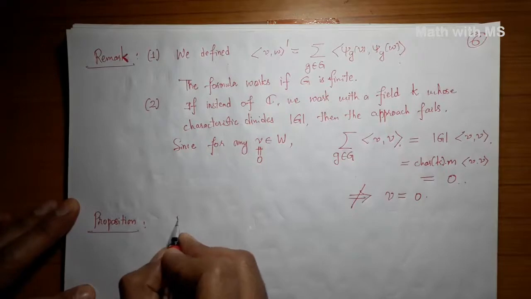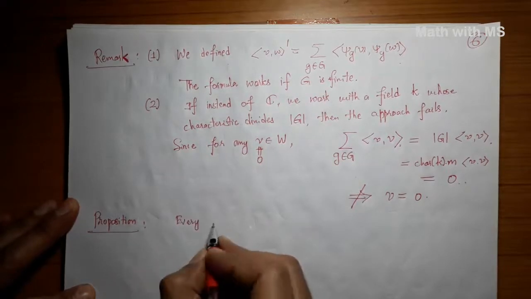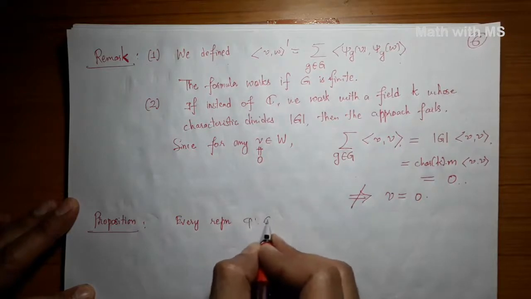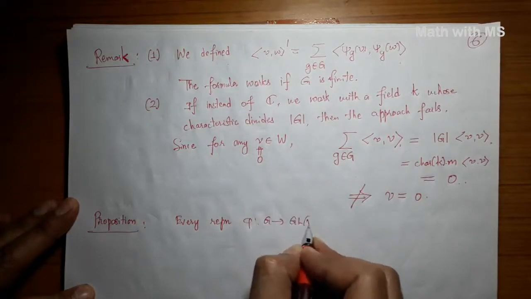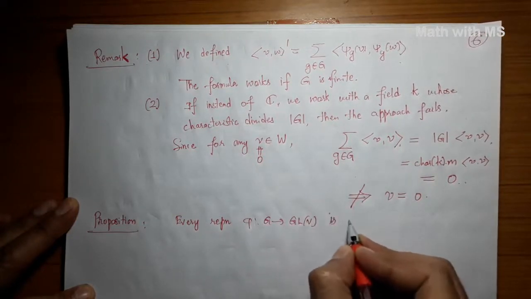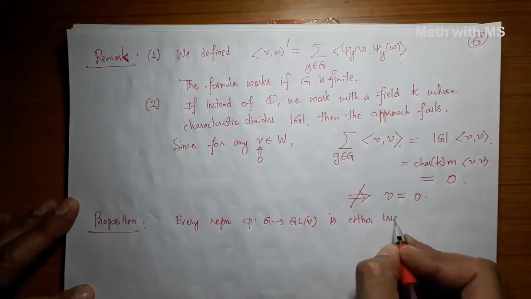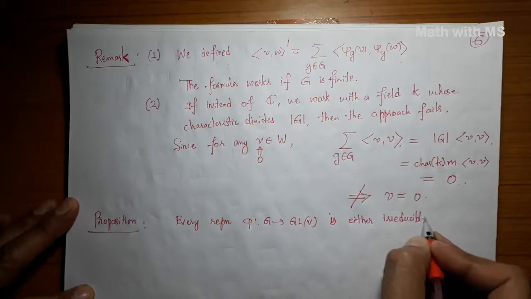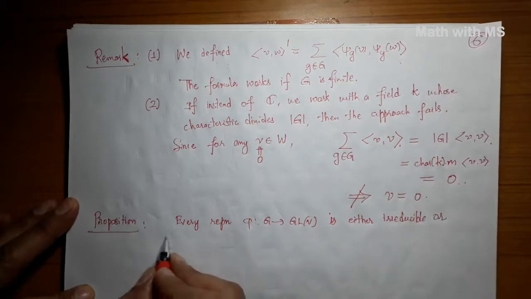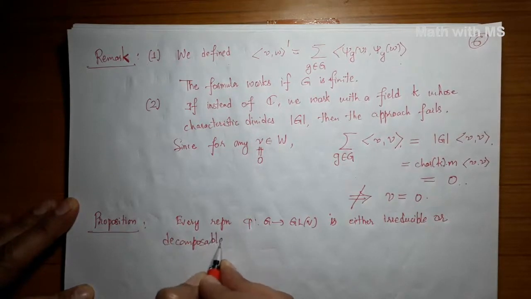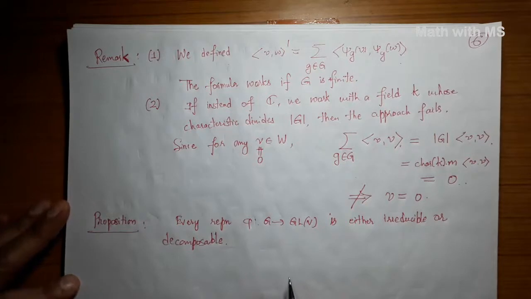Every representation phi from G to GL(V) of a finite group G is either irreducible or decomposable. This is an immediate consequence.